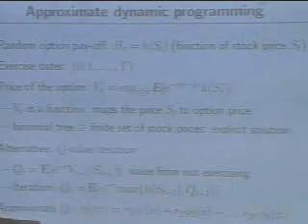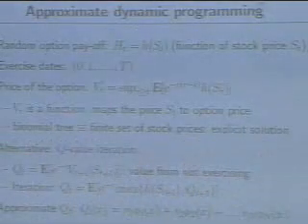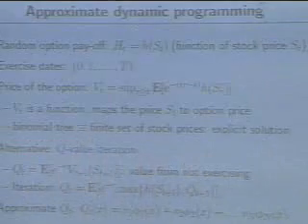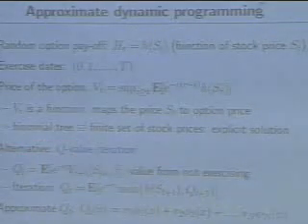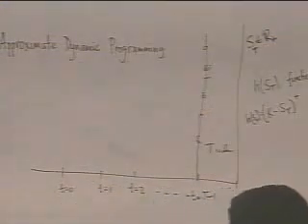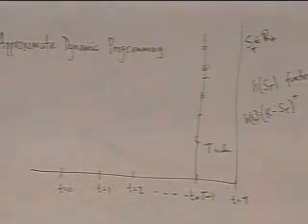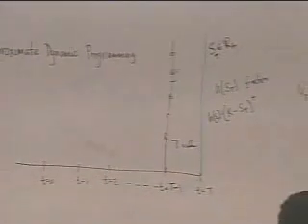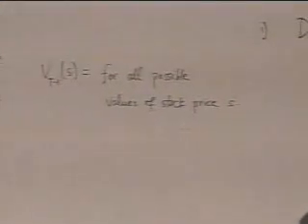If on the other hand, the stock price is not a binomial tree, you're still looking at a discrete time process, but the stock could take a continuous set of values, then in order to work with my dynamic program, I have to compute this for all values of S. That's not doable.